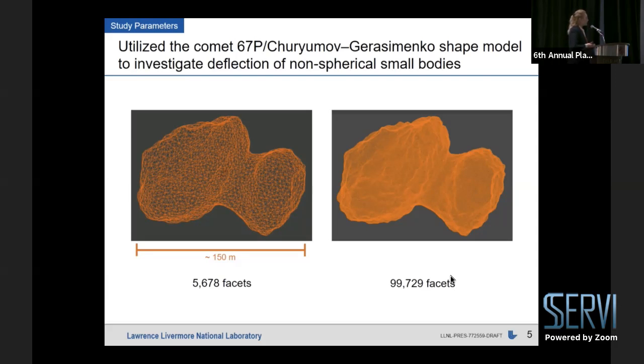And what we did is we took the 2 object files, we ran them, and we wanted to compare our initial damage and beta results and see if they were similar enough. And we got lucky that they were. And so we decided to use the object file that had 5,678 facets to run our simulations to reduce computational cost.